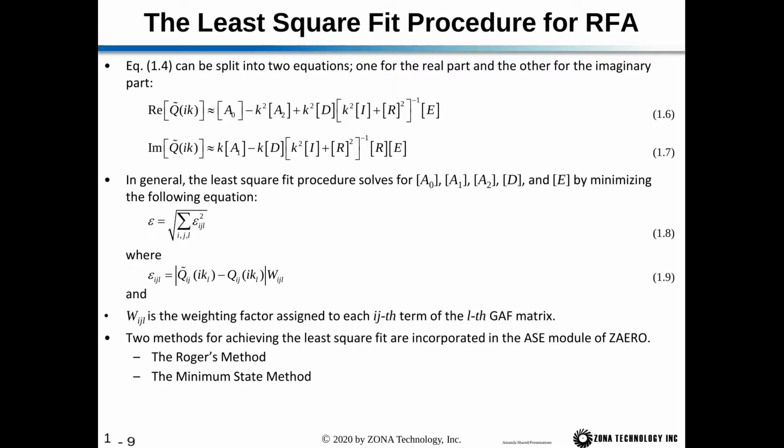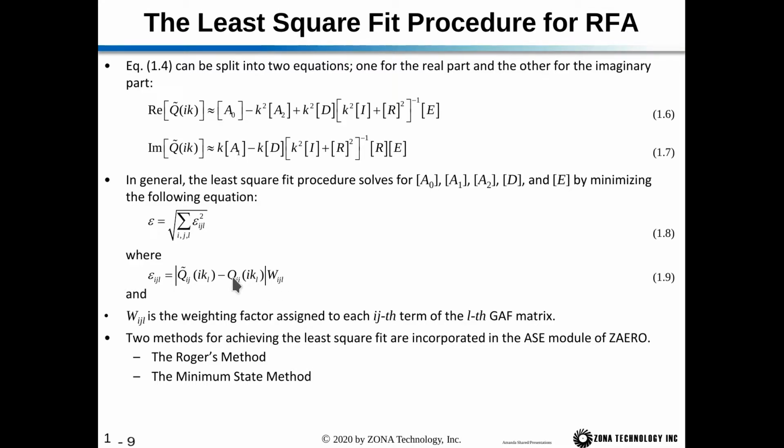Now in general, the least square fit procedure solves for A0, A1, A2, D, and E by minimizing equation 1.8. So we're minimizing the sum of the squares of these epsilon values, where this epsilon of IJL is given by the difference of Q tilde of IK and Q of IK times some weighting factor, WIJL.